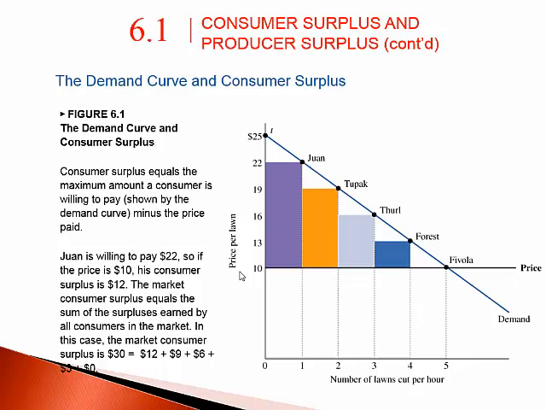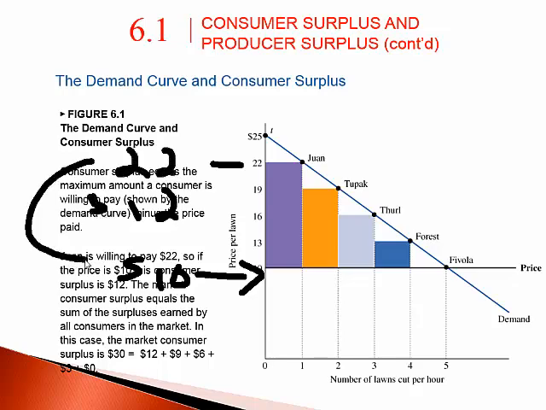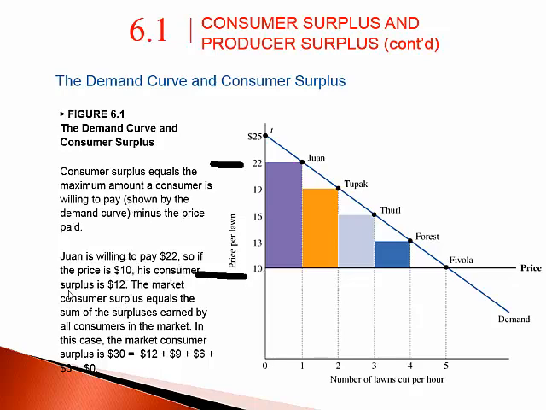Juan here, he's willing to pay $22. However, the price is set at $10. He essentially gets $12 in surplus, right? Because 22 minus 10, pretty simple. What we calculate there in that purple bar graph is his surplus, which equates to $12.